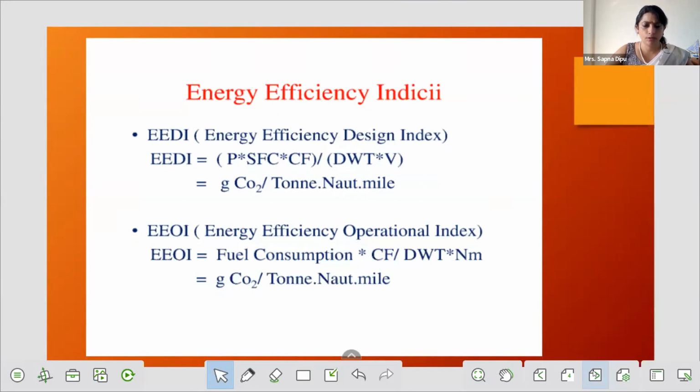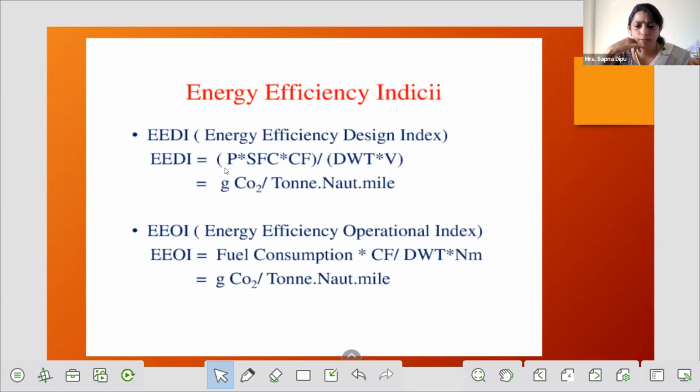Here I will explain the basic concept. The EEDI basically talks about the harm the ship is doing to the environment and the benefit it is doing to society, that is, the transportation work.